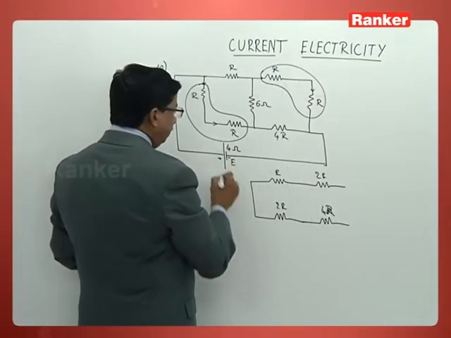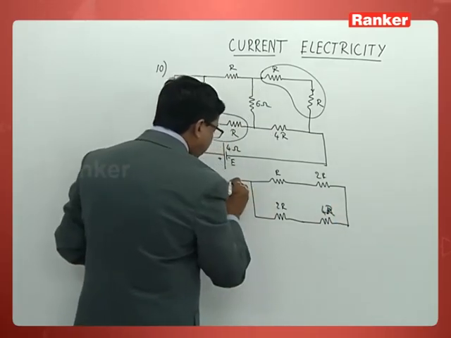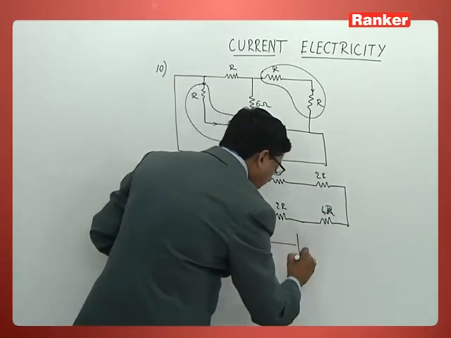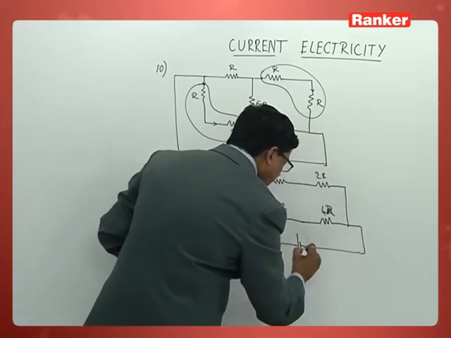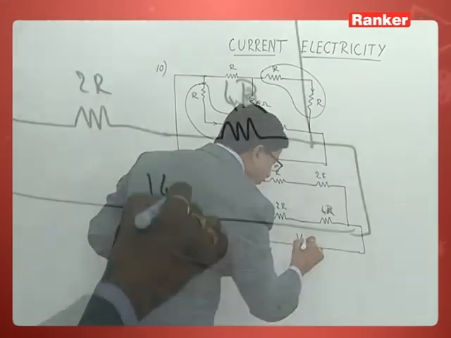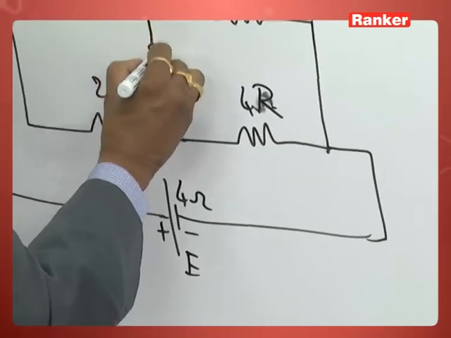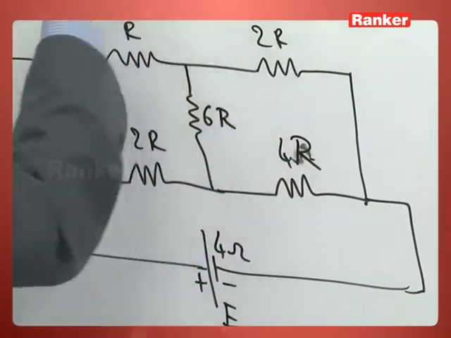Next thing, across these two, we have connected a cell like this. That is the one. So you can take this one as EMF E and 4 ohm. Here a resistance of 6R is given there.